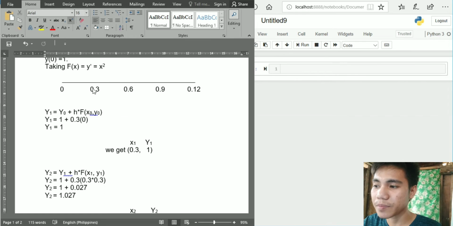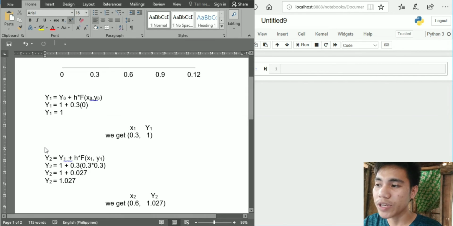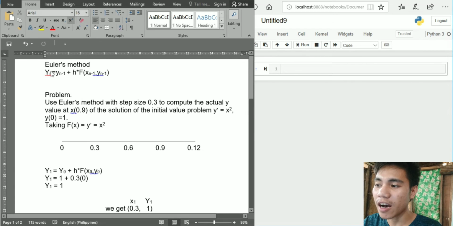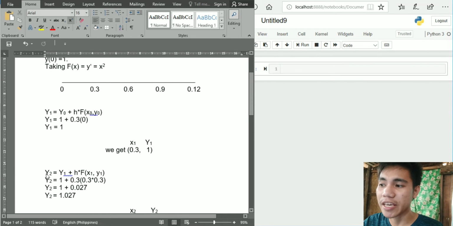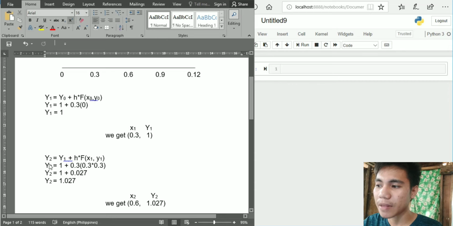We just put the value of y sub 1 here, and the value of x sub 1 is equal to 0.3. For the second value of n, which is 2, we also put the Euler's method formula here and then substitute. Y sub 2 is equal to 1, because y sub 1 is 1, plus 0.3. The 0.3 is constant. It will always be the same.